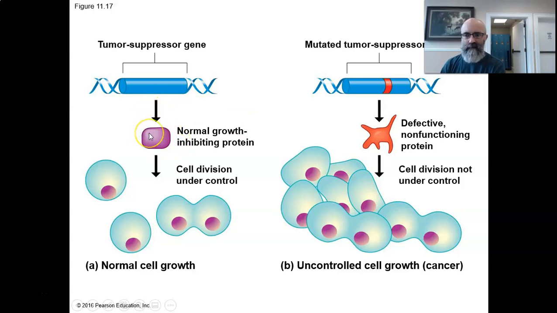If it's this shape, it will inhibit growth. If it's this shape, it isn't doing anything, right? Well, it is doing something, so it is doing nothing. It doesn't do its job, and therefore the brake line is cut, cell division is out of control, bam, we have cancer.